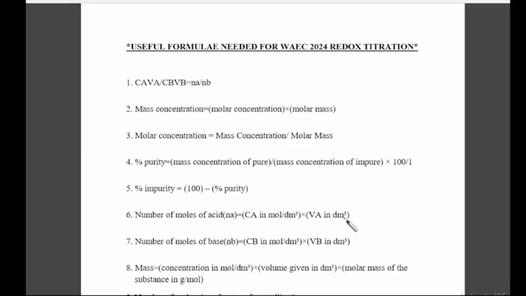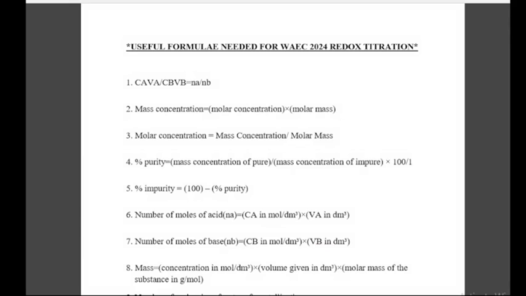And then number 7 is talking about number of moles of base. Like we have NA, we also have NB, number of moles of base. That is going to be concentration of base in moles per dm cube, times the volume of the base in dm cube.